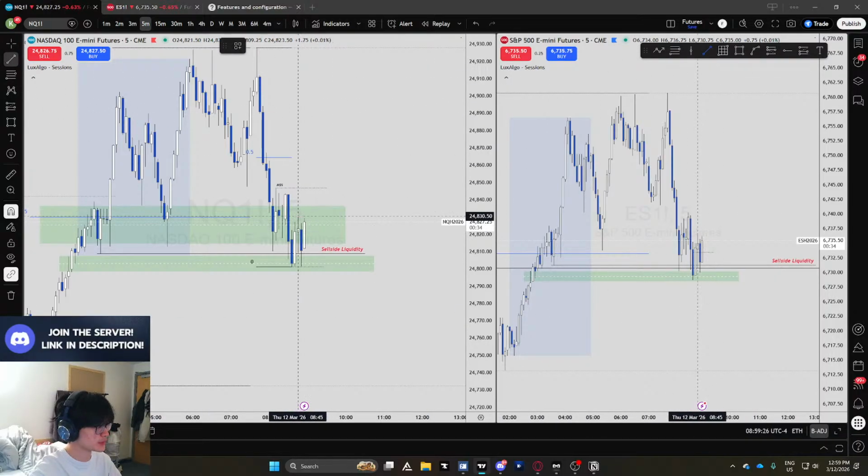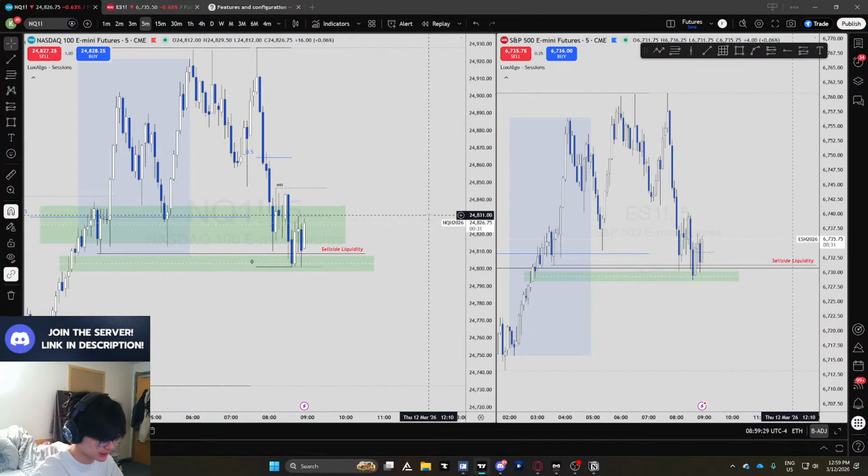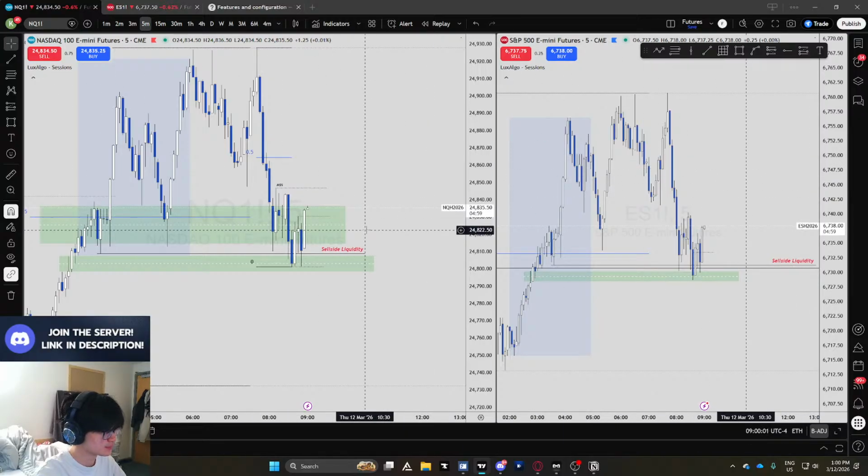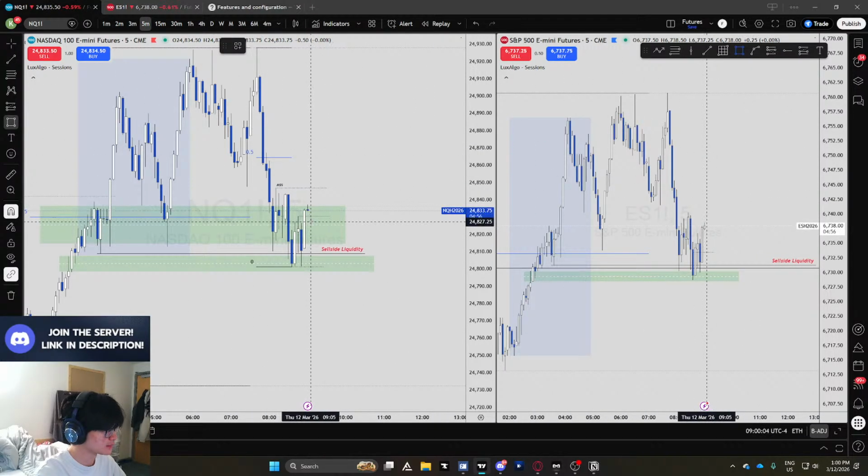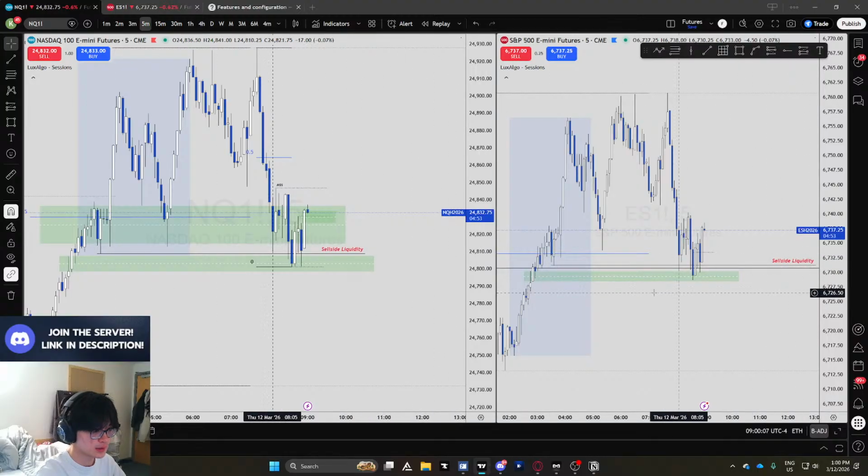Looking for the second high to be broken, and then probably a further value gap beside that. Nice displacement. We'll see this fair value gap form, something like that.